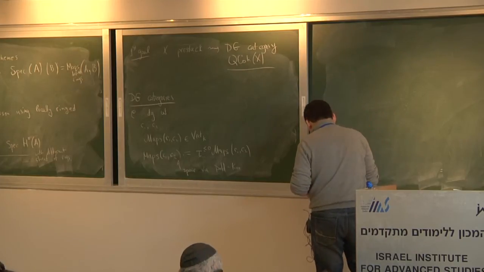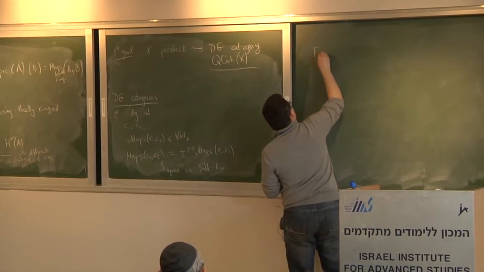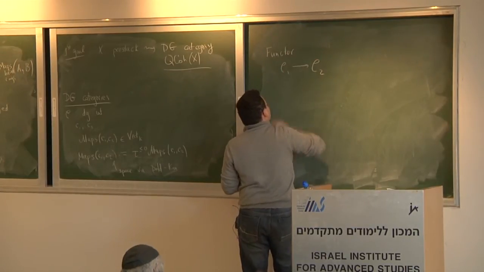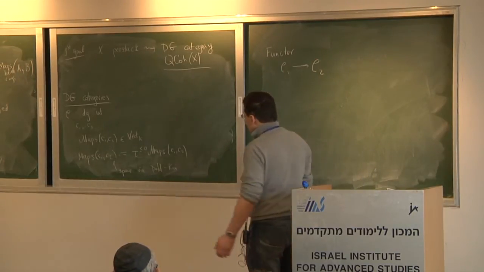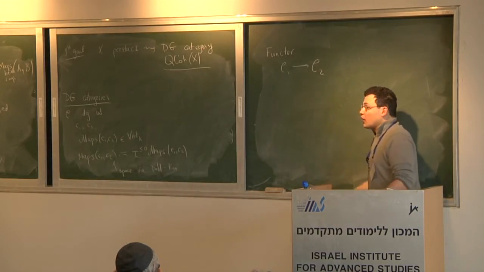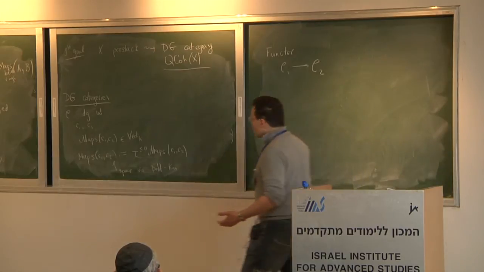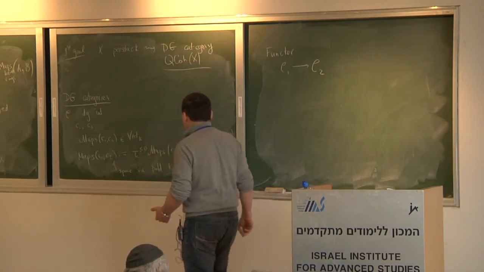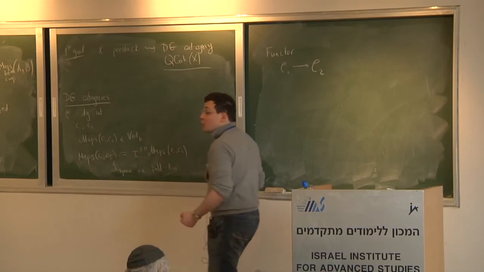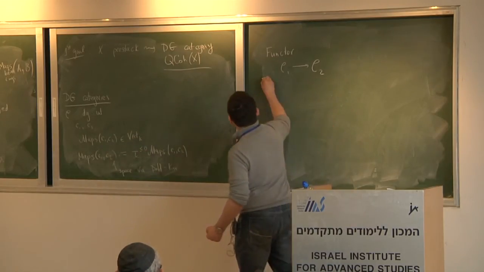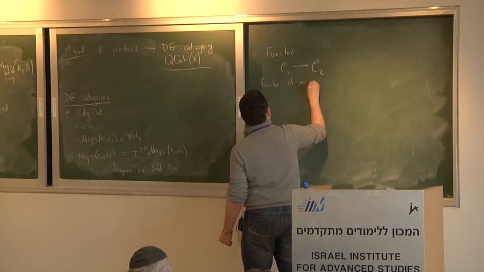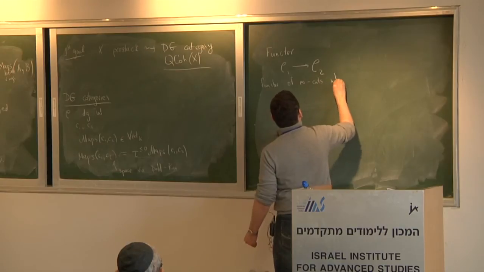So a functor. By a functor, well, there's a usual problem with defining what a functor between DG categories is. So let me say, as I tried to explain, a DG category has an underlying infinity category. So a functor will be a functor of infinity categories which is exact.